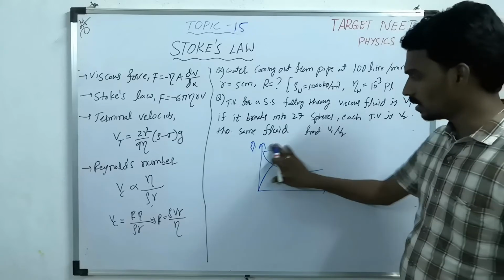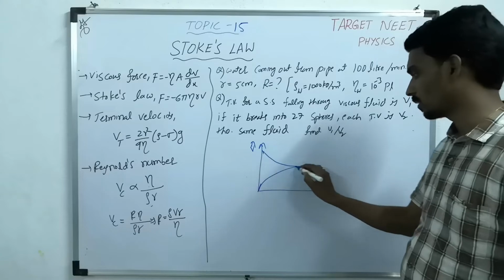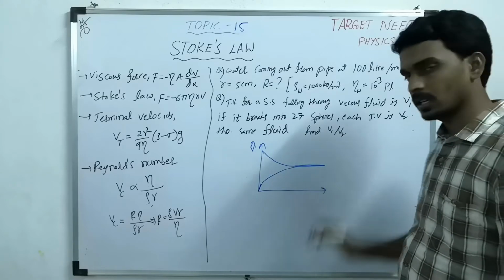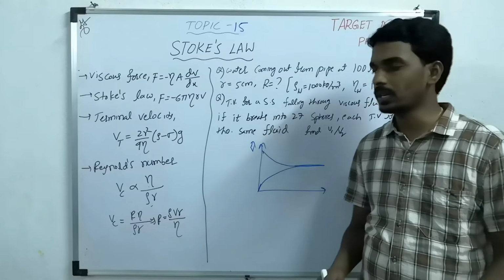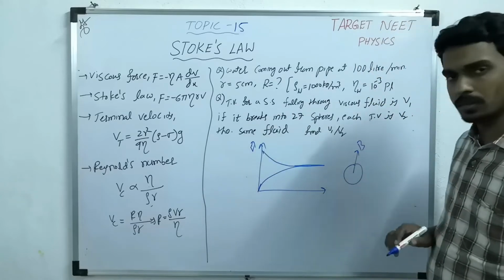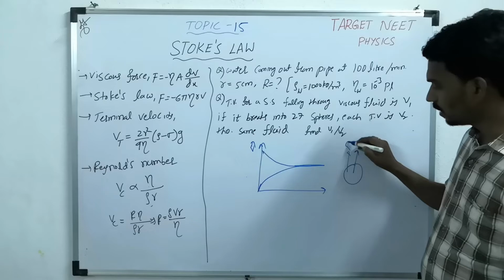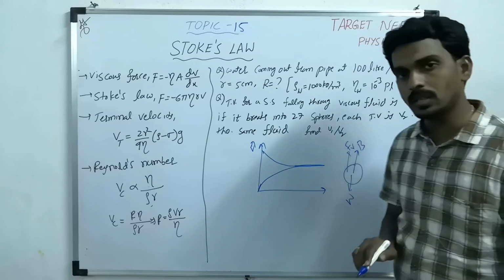A constant velocity means the resultant force is 0, so at one particular point inside the liquid, upward buoyancy and upward viscous force must be balanced by downward weight.